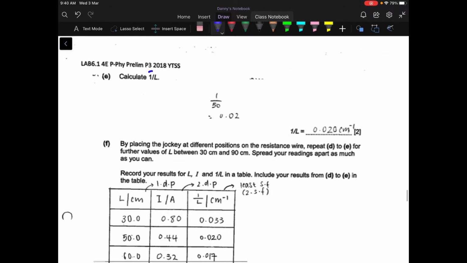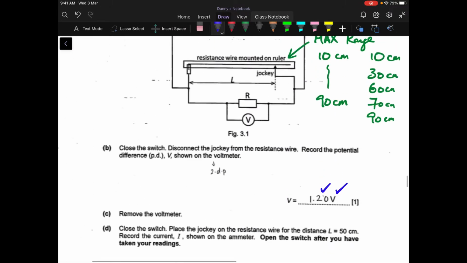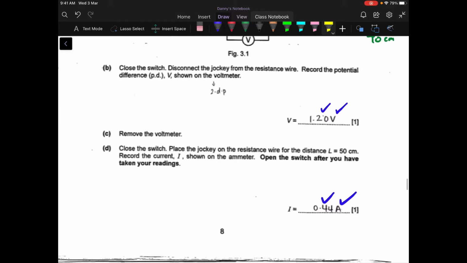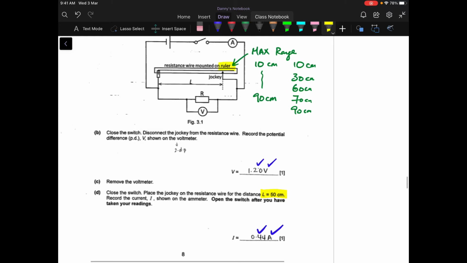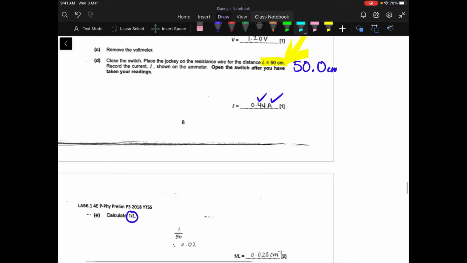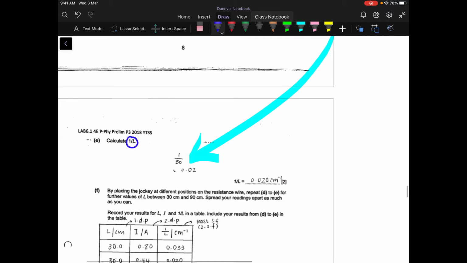Then after that, you are supposed to take 1 over L. In this case, I think L given to you is 50 cm. But because you are using your meter ruler, the precision of your 50 cm will become 50.0 cm, and you should carry this into your calculation here. So this one is wrong. It should be 1 over 50.0.